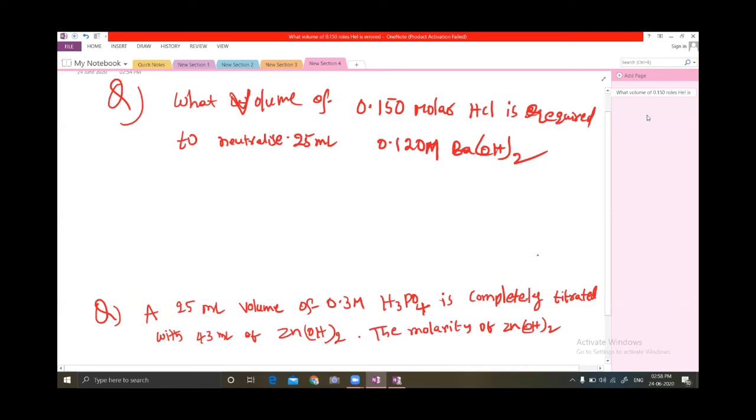After zinc hydroxide, I didn't write a single word. Okay, fully black. Only at the end of that line, second question, zinc hydroxide, I'm underlining with the blue line.